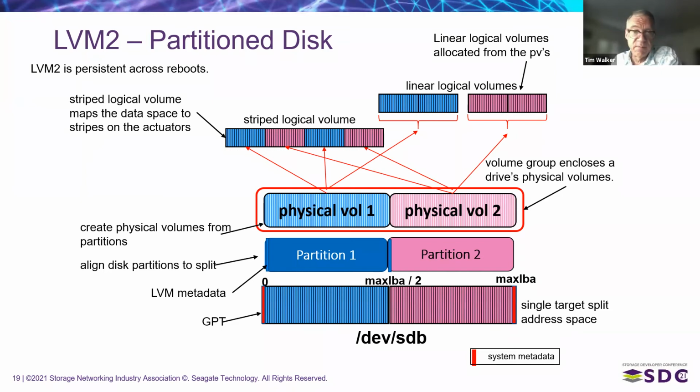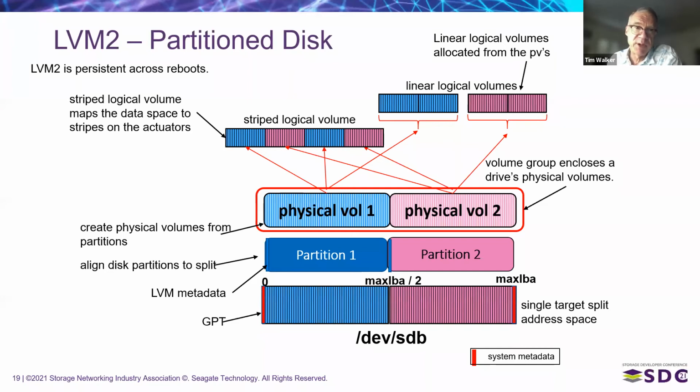This is no different from using LVM2 on any of the drives that you're used to, except that our intentions are a little bit different, in that we want to expose volumes that have some meaning to the actuator arrangement below it.